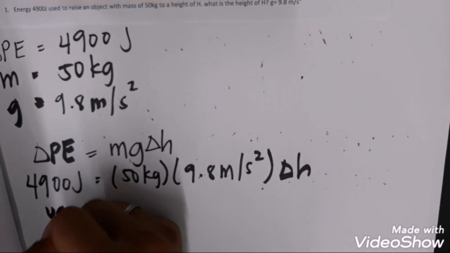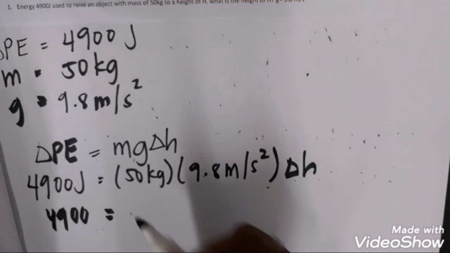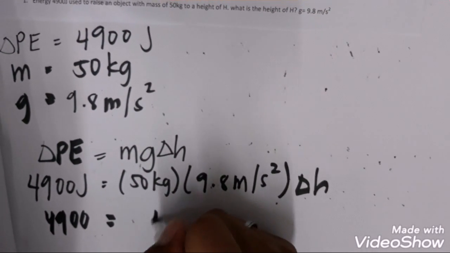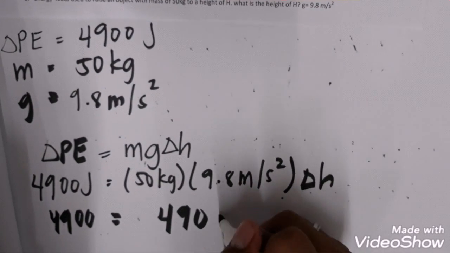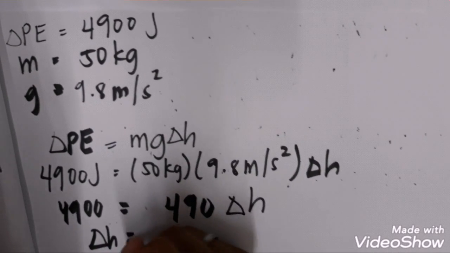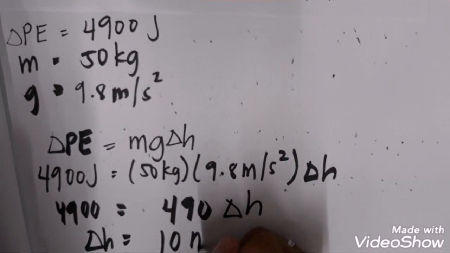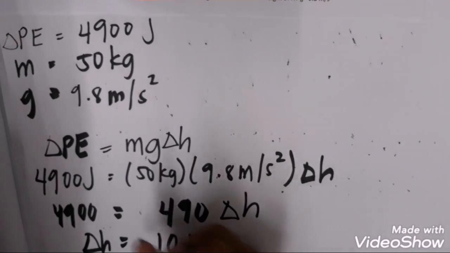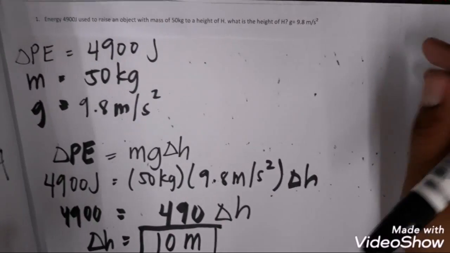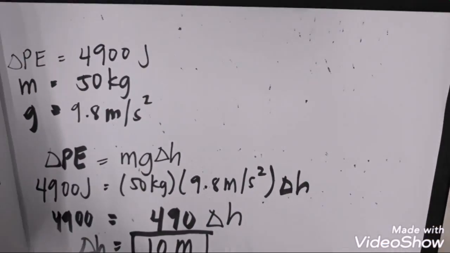So 4,900 equals 50 times 9.8 meters per second squared, which is 490, times change in height. So the change in height equals 10 meters. So let's proceed to question number 2.